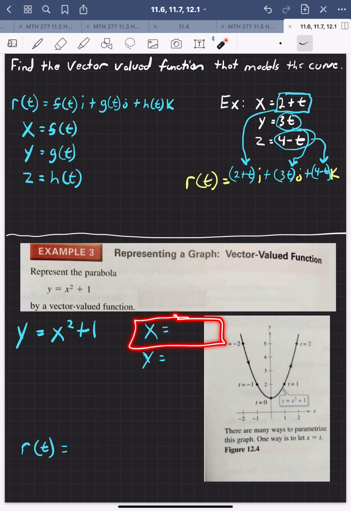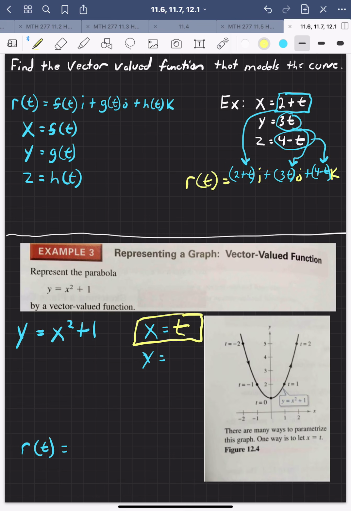You can choose, because we need to choose a parameter, t, and we're going to use t. Well, you can choose whatever you want, but as I said, let's make things easy on yourself. Just always begin with x equals t. Let that be your first step.